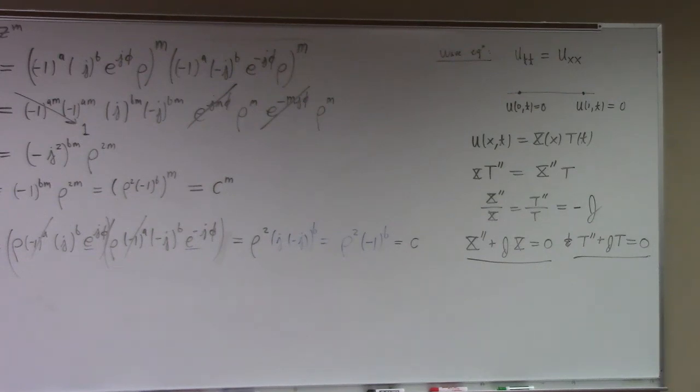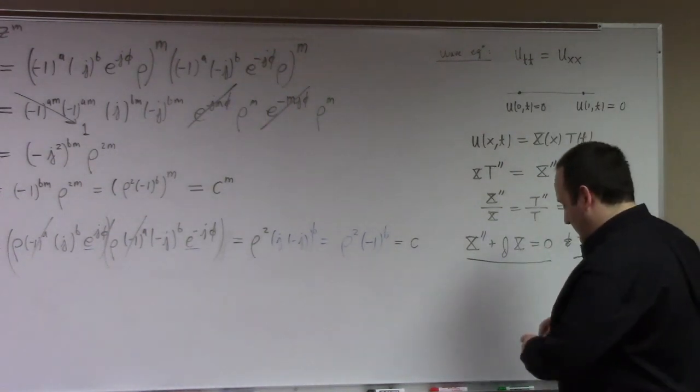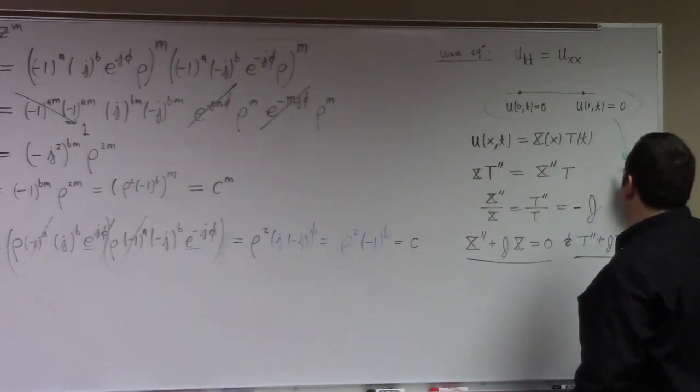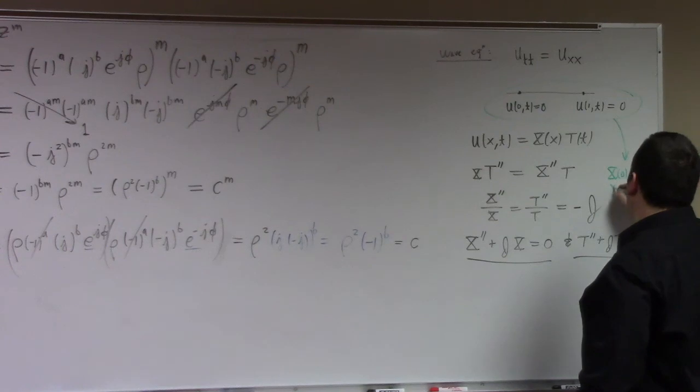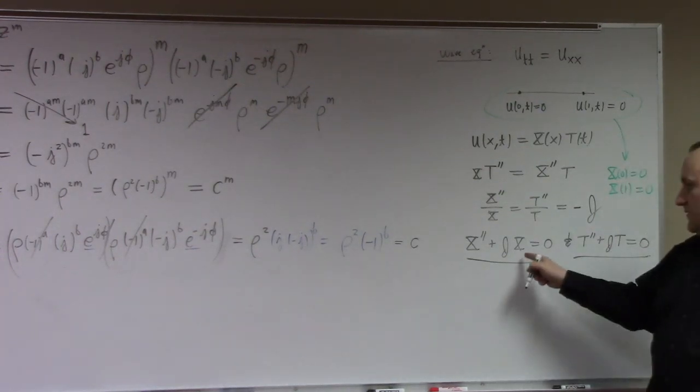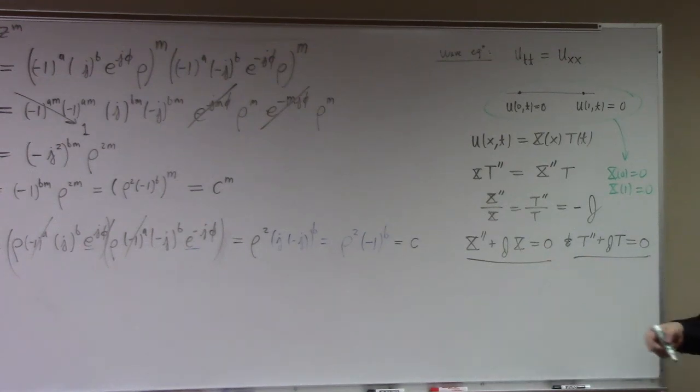Anyway, all right. You go through the usual song and dance. These imply, when you feed it to this, that you need X(0) is 0 and X(1) is 0. Those are the boundary conditions. So those boundary conditions put on the first ODE force j to be n squared.